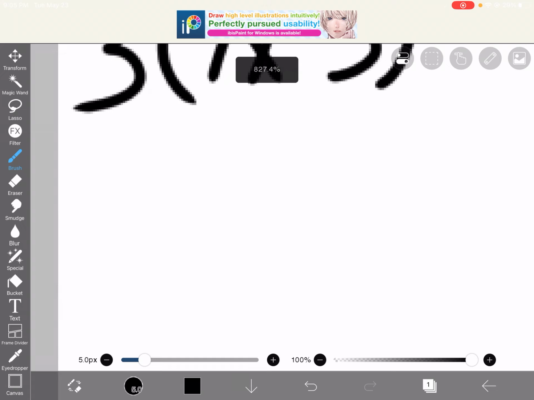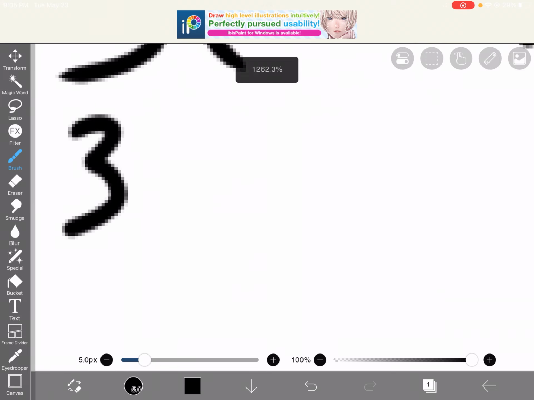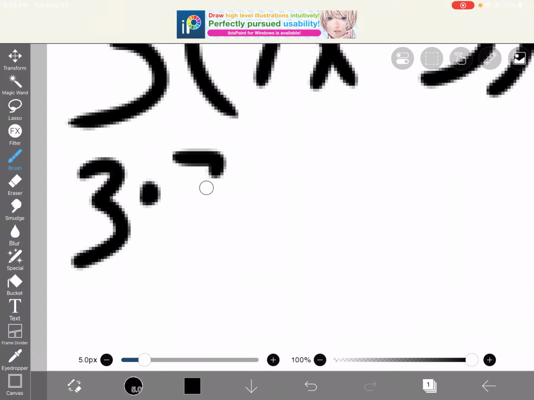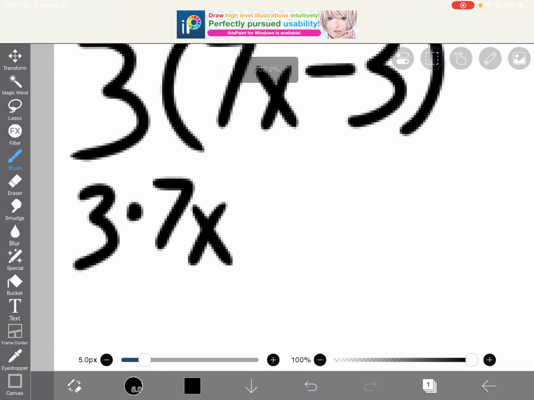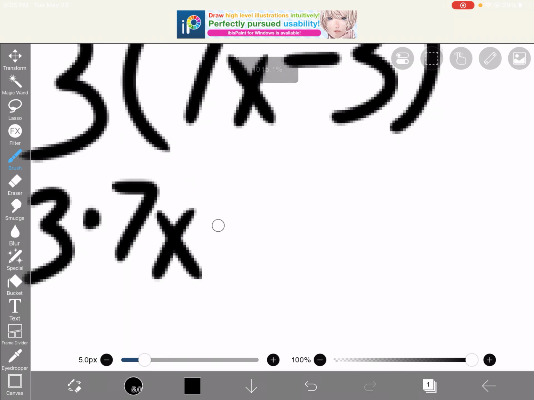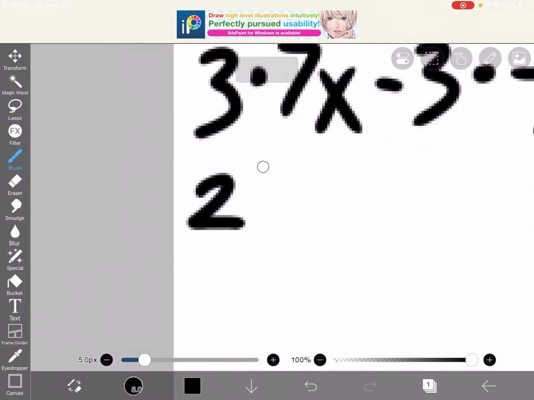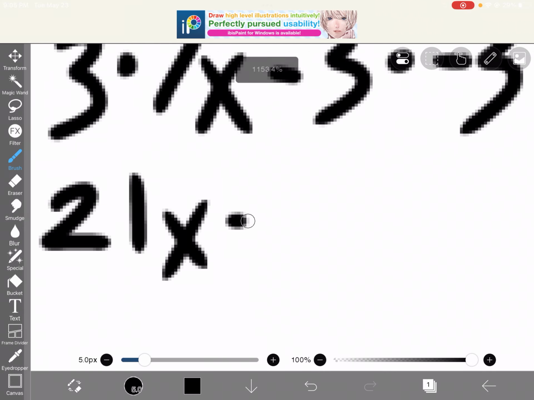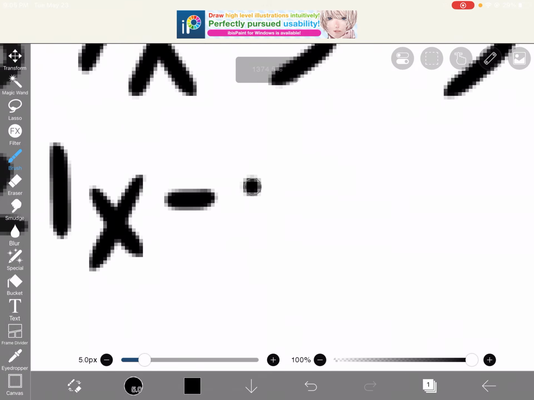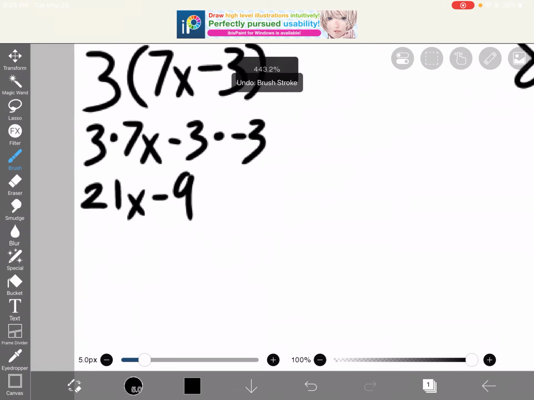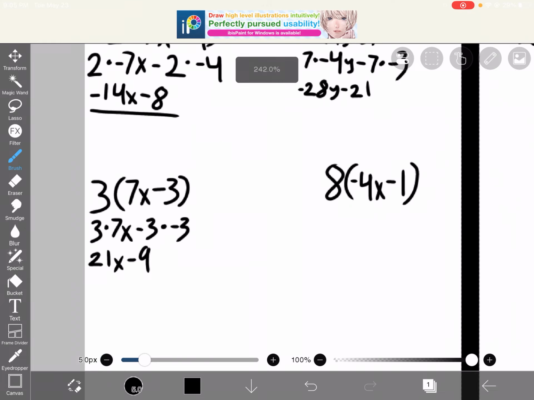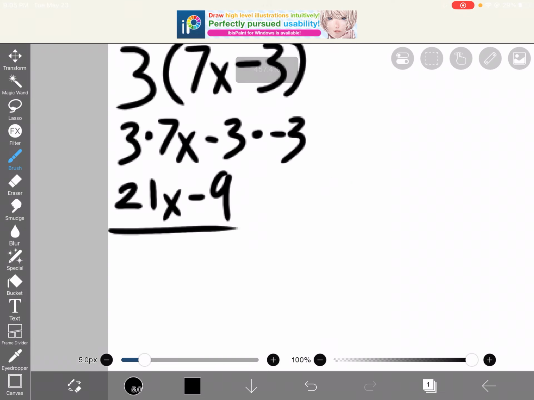3 times 7x minus 3 times negative 3. So it would be 21x minus 9. Let me underline these equations first.